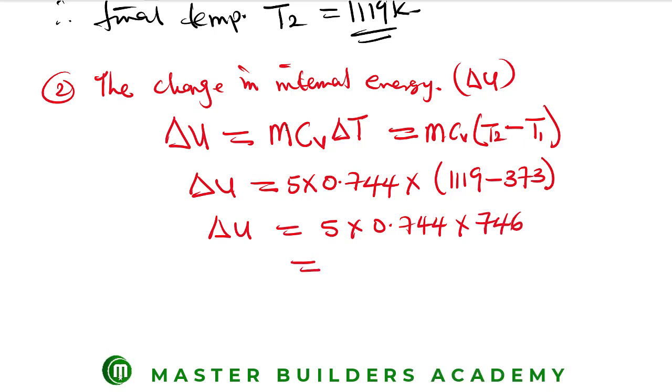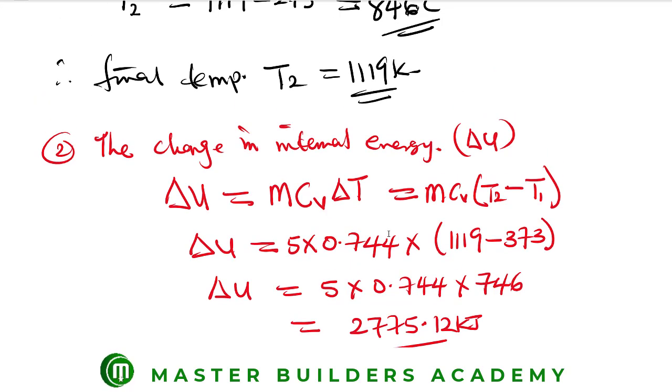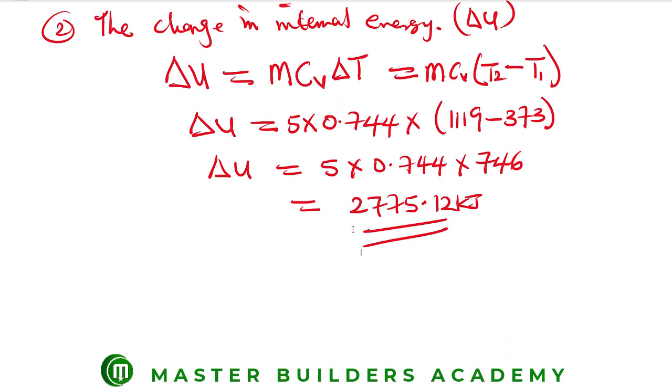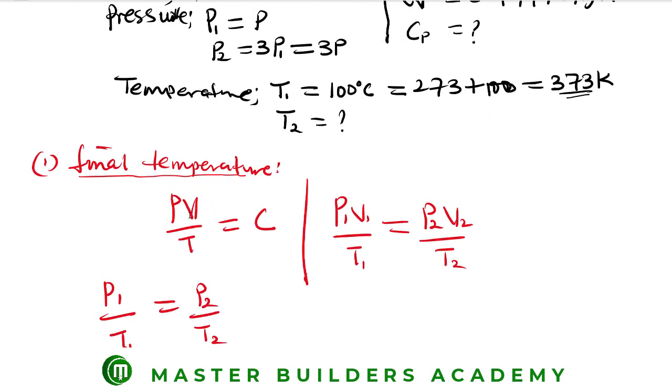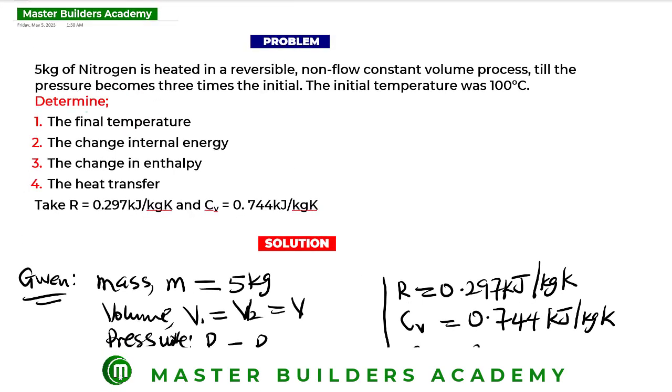And our final result, if we multiply this out, becomes 2775.12 kilojoule. This is the answer to this very question. It's as simple as A, B, C.